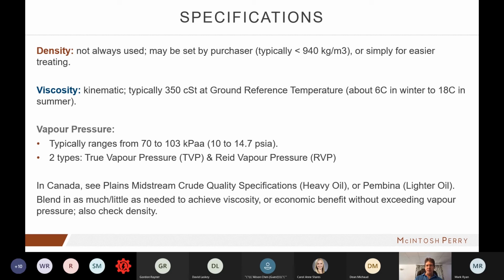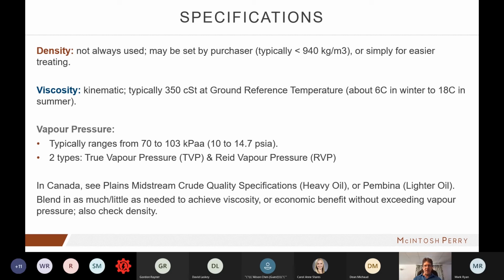That's probably more like a medium crude oil. So density typically for heavy oil is less than 940. If we use a lighter or a medium crude oil, it's going to be a different density specification. Or again, it might be just something that you specify if your blending is for your own processing.